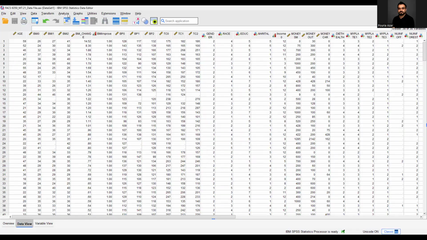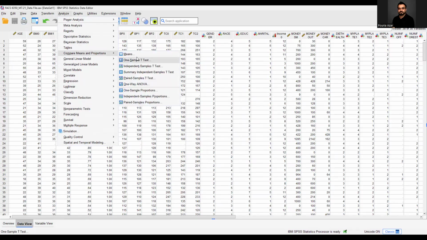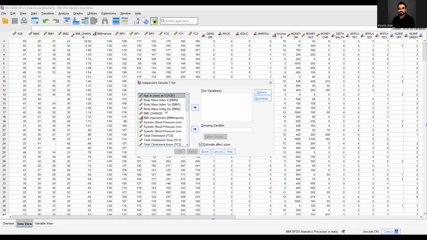I'm going to go to Analyze, Compare Means, and Independent Samples t-test. My test variable is total cholesterol at 6 months mark.